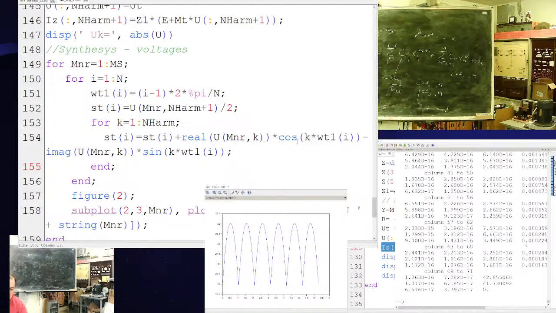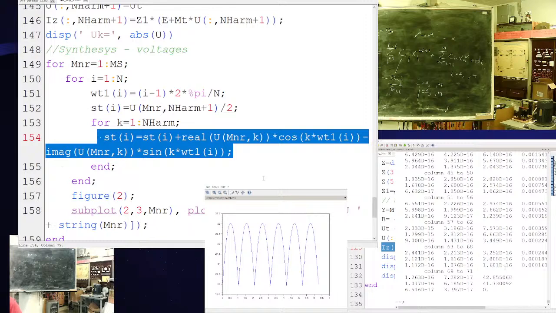The real part is the cosine factor. The imaginary part is the sine factor for the Fourier series. Here, T, line of synthesis. I got the solution as a vector of coefficients of the Fourier series. Perform synthesis and you will get what? Time functions. Let's go.